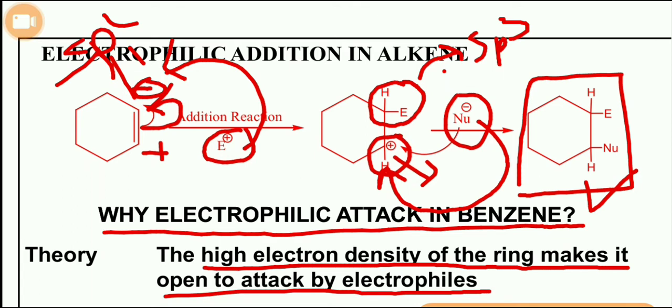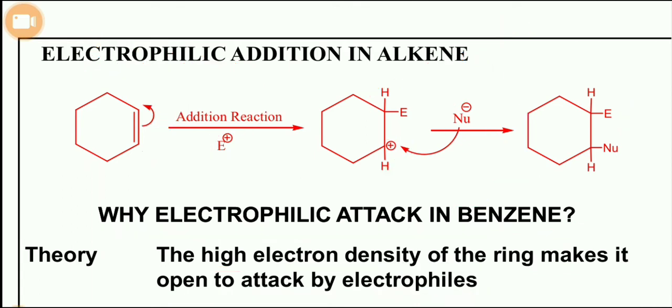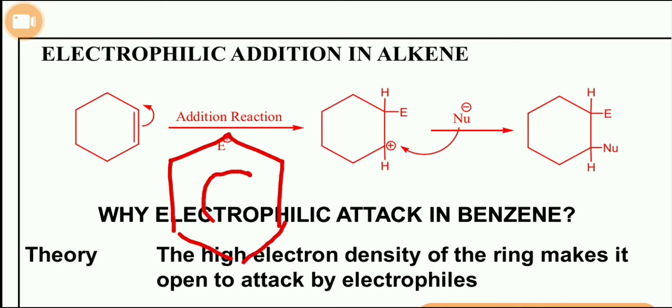As you know, in the case of the benzene ring, it looks like this, and the electrons remain delocalized from one place to another, and the double bond remains shifted from one carbon to another carbon.